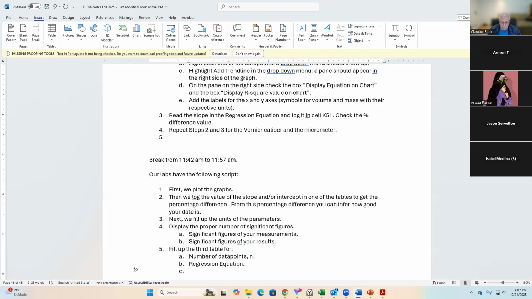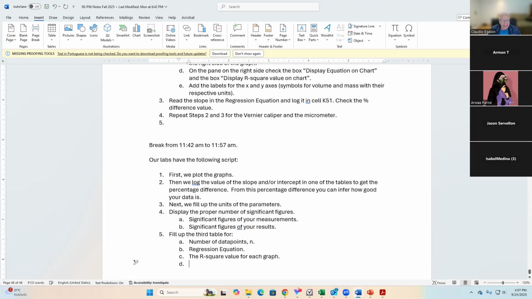C, the R square value for each graph, and D, the lower and upper bounds of CL. And remember that we covered that as well, right? I can go back to that, but let's talk about the significant figures first.